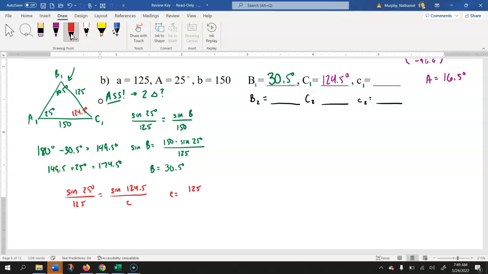So I'm going to have 125 times sine of 124.5, divide that by the sine of 25 degrees. So when you do this on your calculator, we get 243.8.